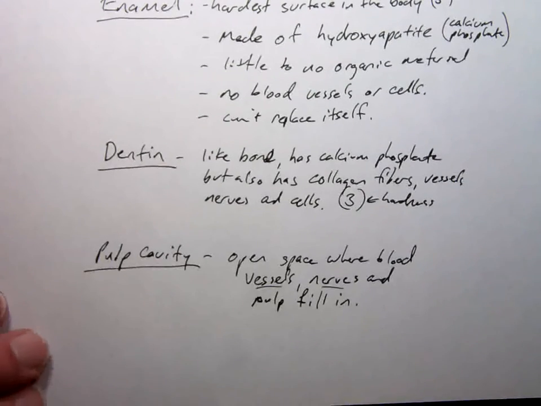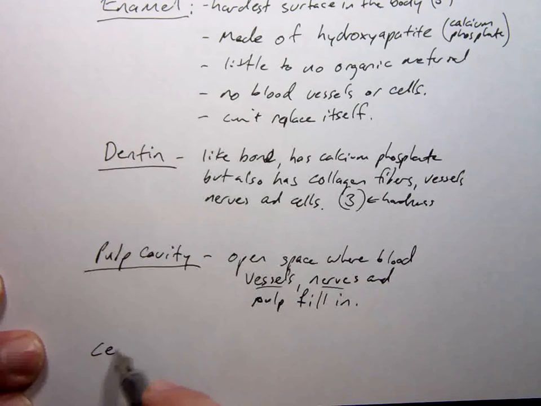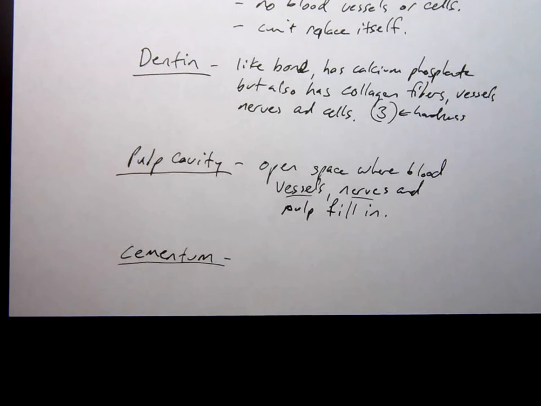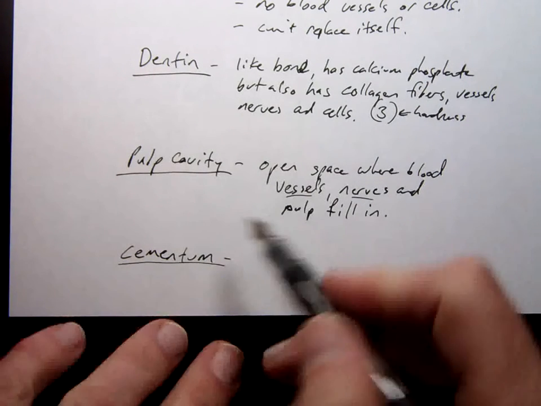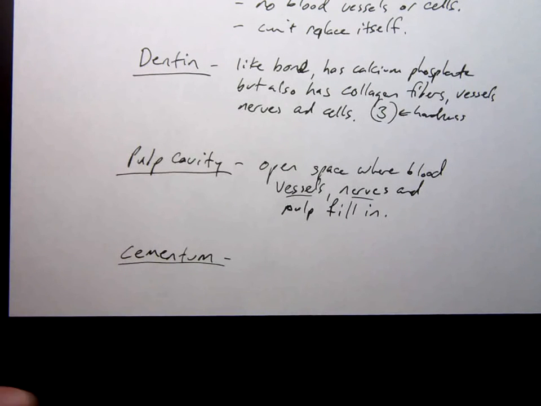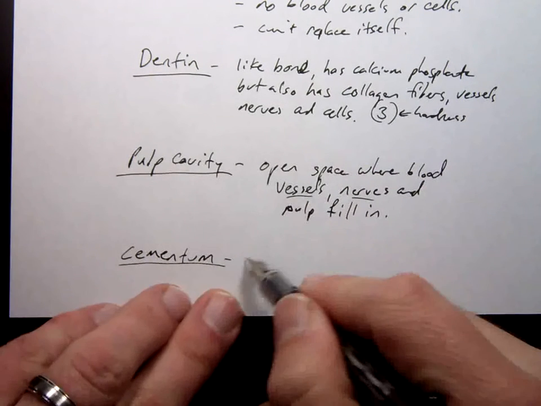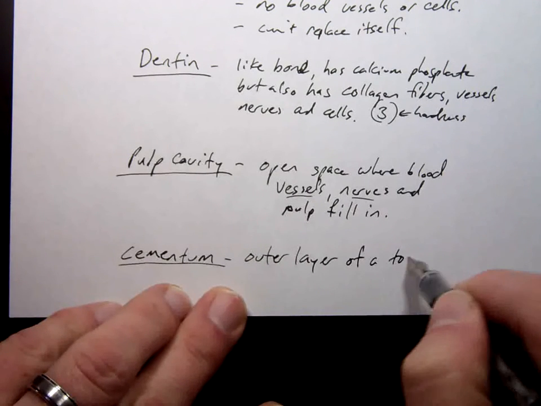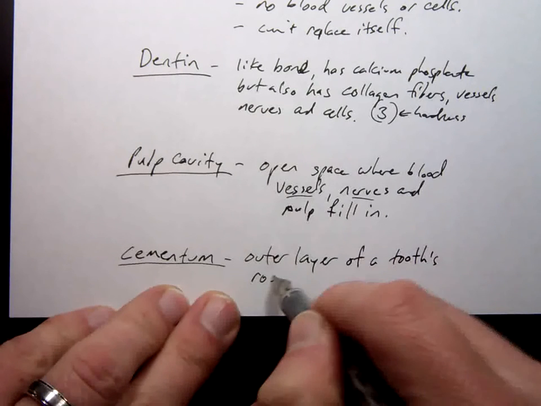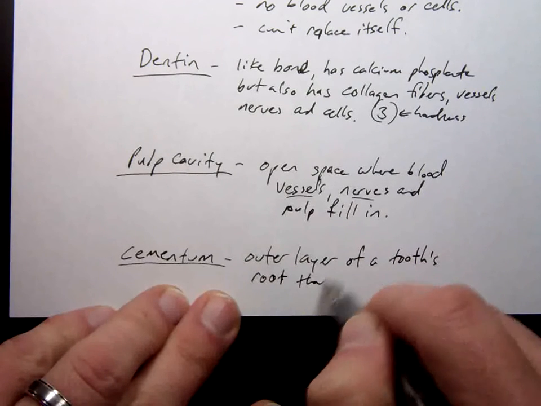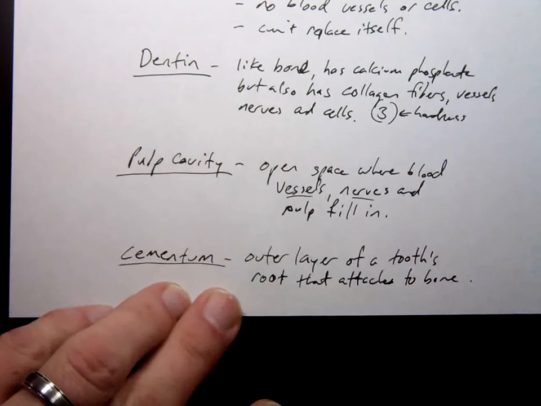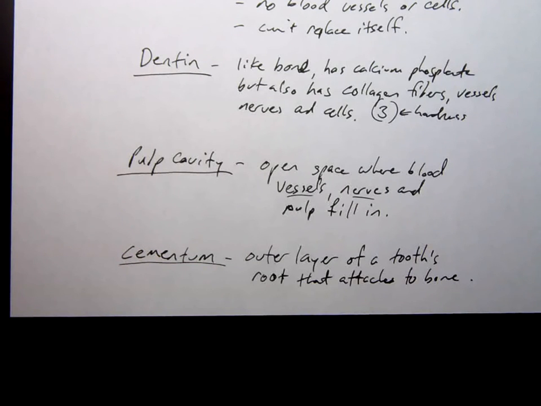Finally, the last layer that attaches is called the cementum. This is going to be below the gum line. Cementum is the outer layer of tooth root that attaches to bone. Now, that's not the thing that actually makes the connection with the bone.